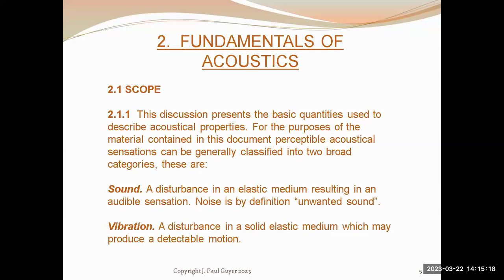So sound and vibration, they are both generated by something that's vibrating, a violin string, vocal cords, people talking, machinery operating. And then there can also be vibration that is produced and transmitted throughout the building.